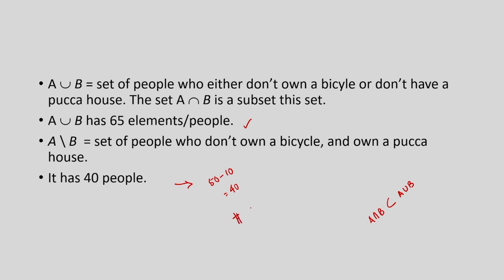This is minus A intersection B, right, because within A there are some elements who are in B also. But if you belong to B, then you do not have a Pakka house, but I want people with a Pakka house. So, I do not want elements from B, that is why I have deducted this. Okay.